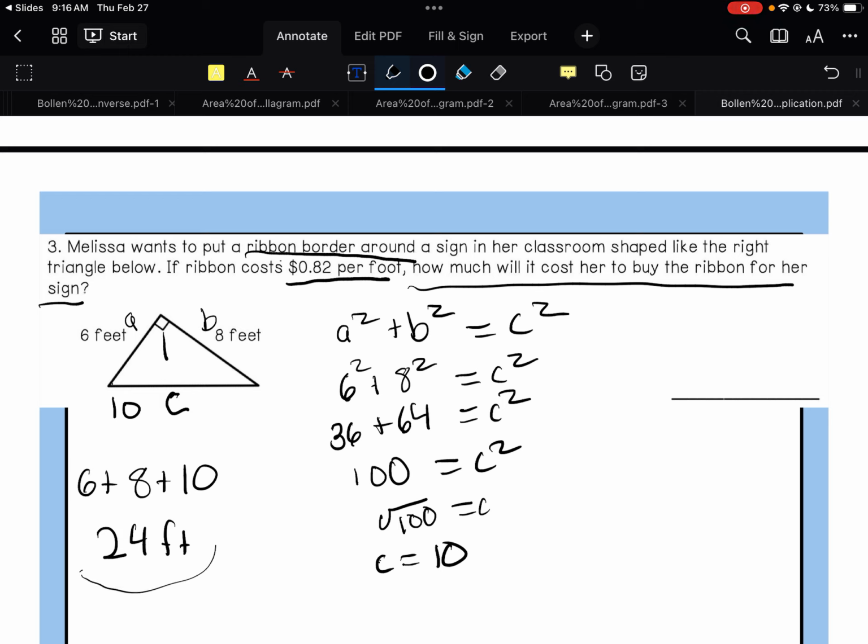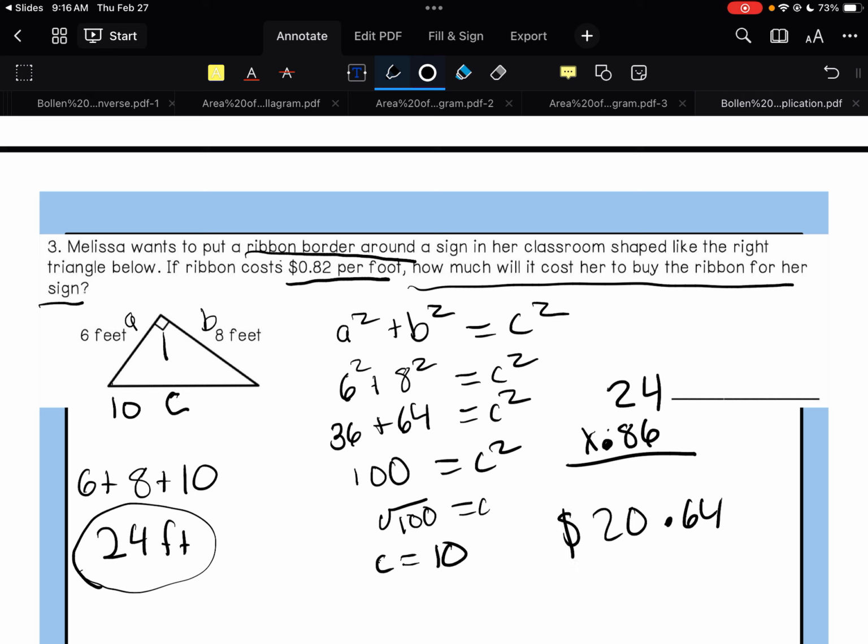Well, we know she needs 24 feet of ribbon now, but we still don't know how much it would cost her. We'd have to multiply 24 times 0.86, which will get us, it would cost us $20.64.